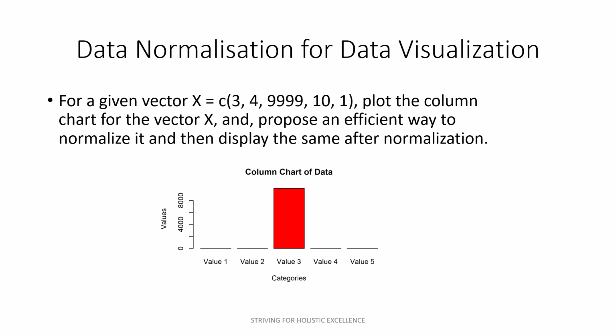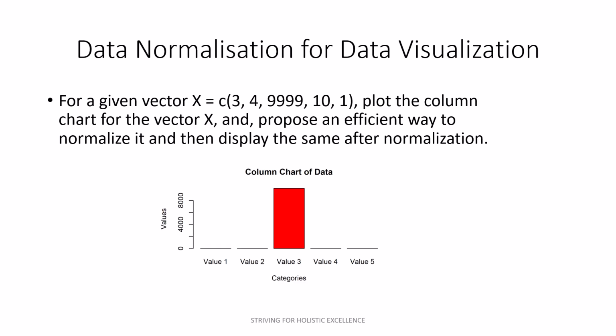Now if you try to convert this in between 0 and 1, then 3 would be converted to 0.0003 or something like that, a very small value, and 9999 will be converted to, let's say, something like 1 or 0.999.